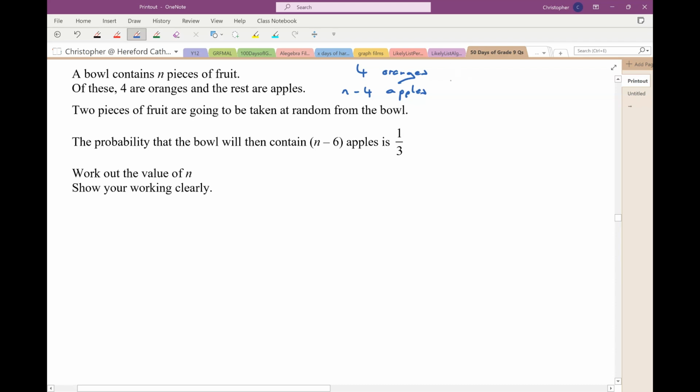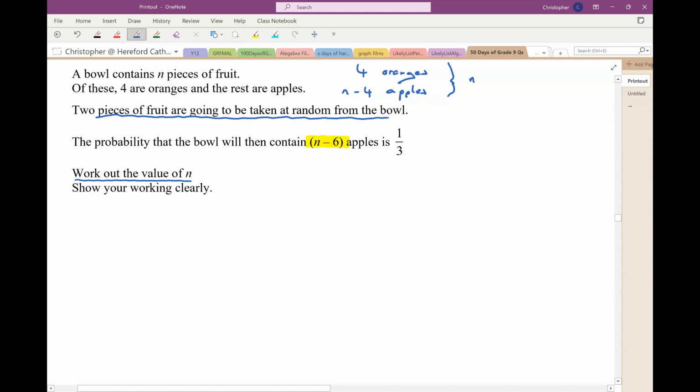And of course, there's a total of n. 2 pieces of fruit are going to be taken at random from the bowl. The probability that the bowl will then contain n minus 6 apples is a third. Work out the value of n.